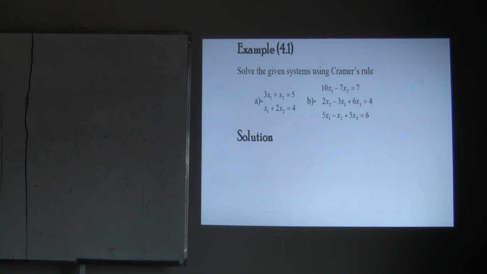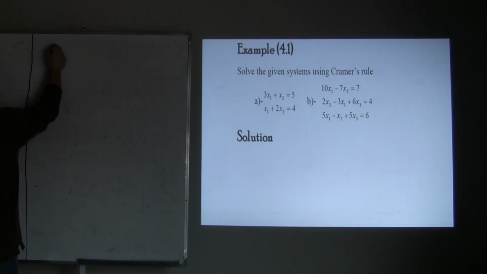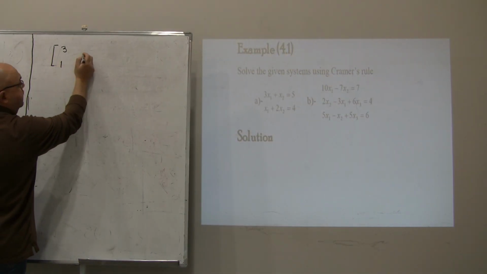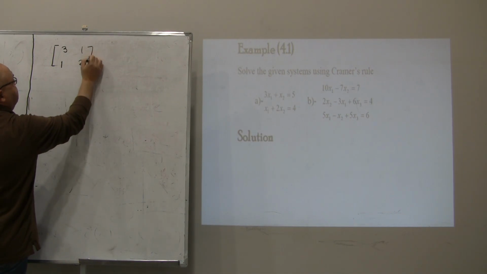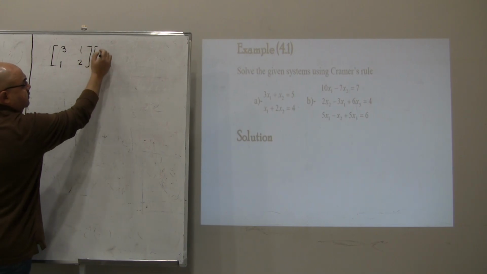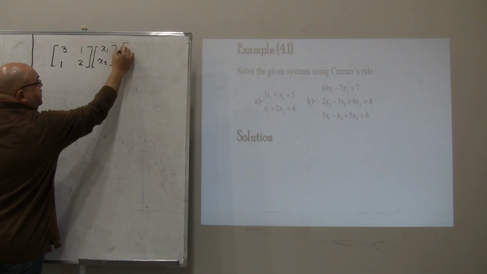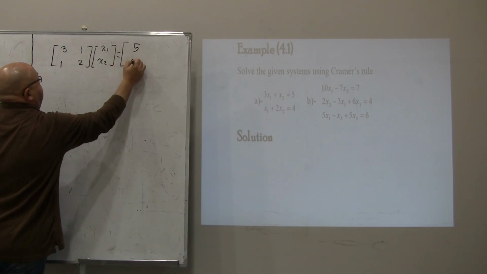The first step is to write the system as matrices. So I'm going to write the first matrix, which is 3, 1, 1, and 2. That's the A matrix, times x1 and x2, and the result is 5 and 4.